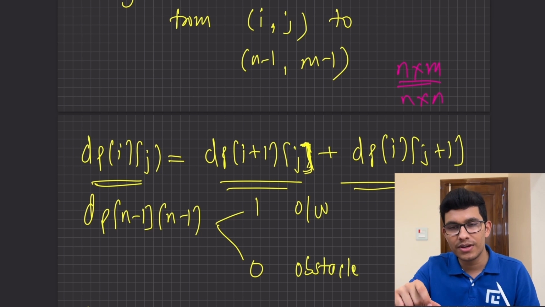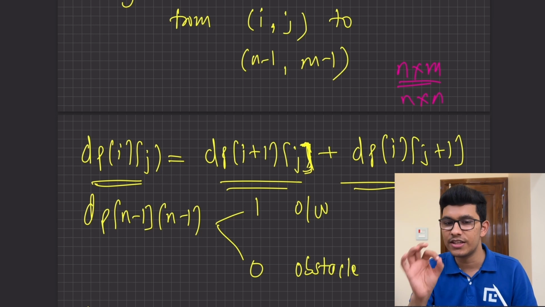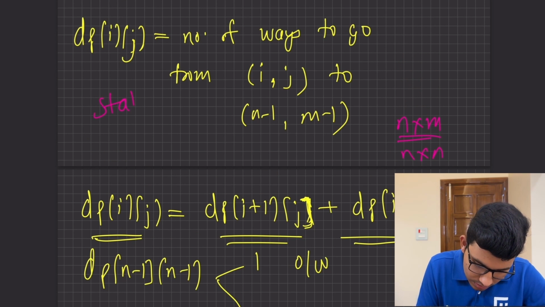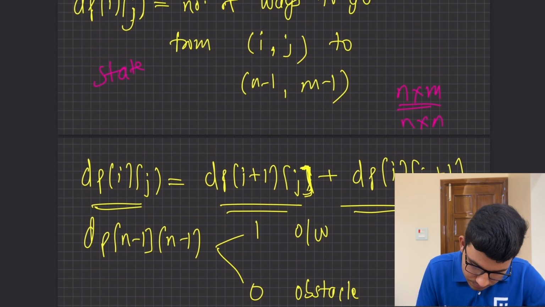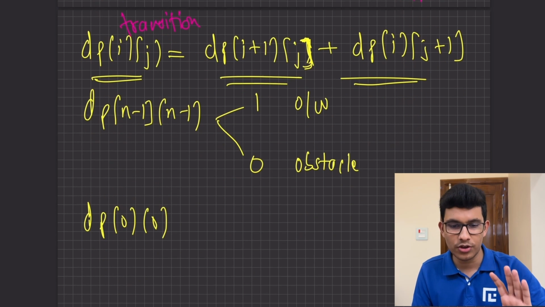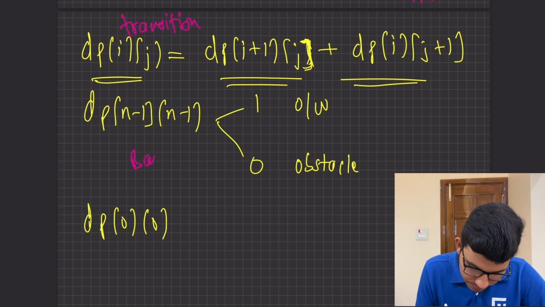The number of ways to go from i comma j to n minus 1 comma n minus 1 is 0. All right, so let me write it again here. This was the state. This was the transition, with obviously an if statement that if the cell contains an obstacle, then dp of i comma j is going to be 0. This was the base case. This was the final subproblem.